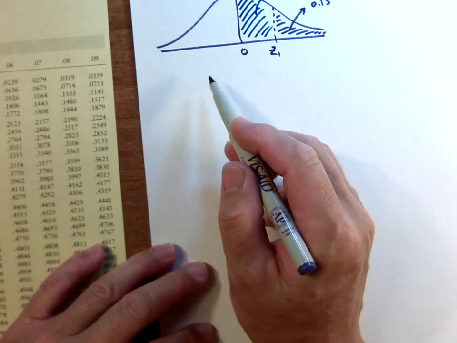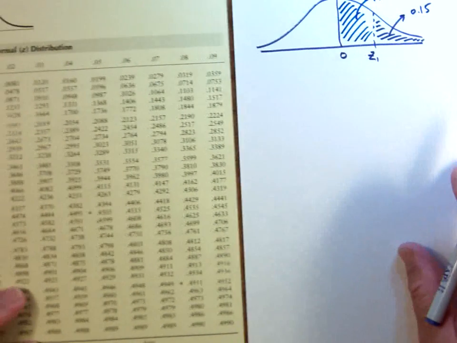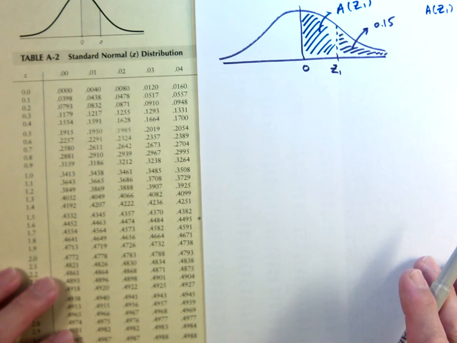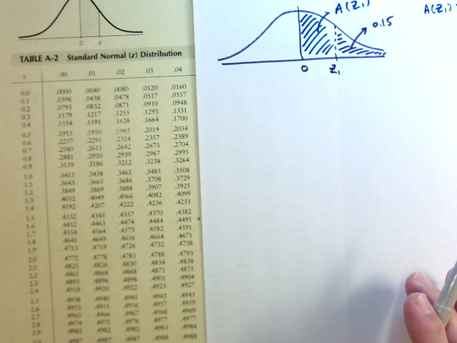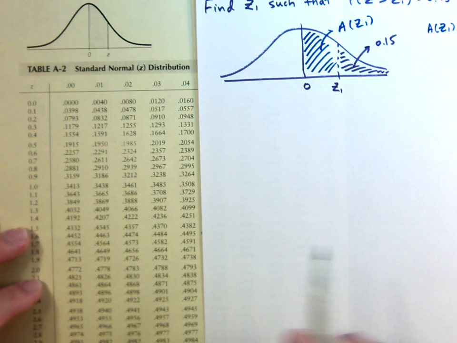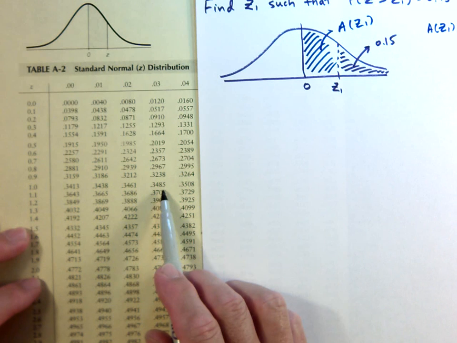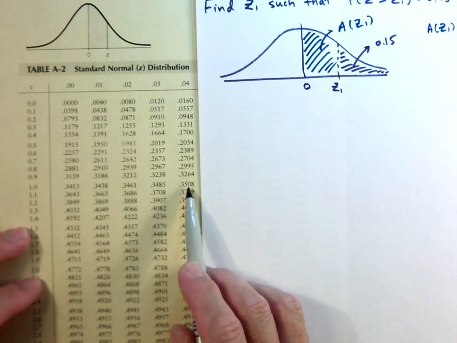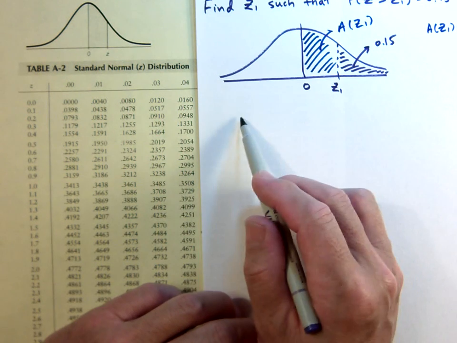In the table, I'm just going to put this side by side. We see that when the z is 1.03, our probability is 0.3485. When the z is 1.04, then it exceeds the 35%. Let me put this in a table format.